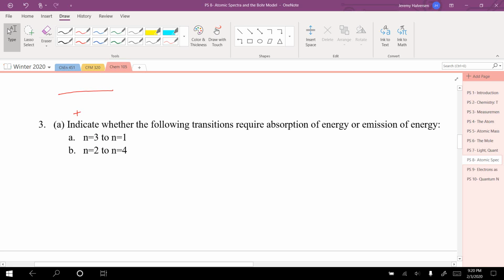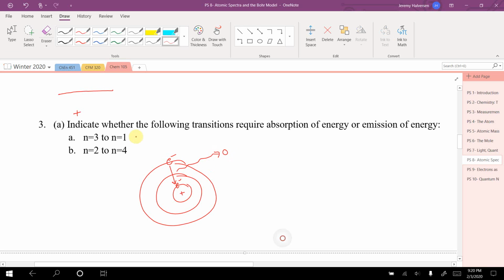All right, number 3, indicate which of the following transitions require absorption of energy or emission of energy. All right, so I've got my 1, 2, 3. Again, they should be getting closer, but they're not. It's fine. I'm going from 3 down to 1. Well, that electron's going down in energy, so that energy has to go somewhere. It's going to be emitted in a photon.